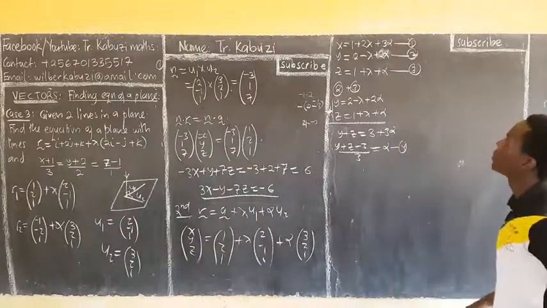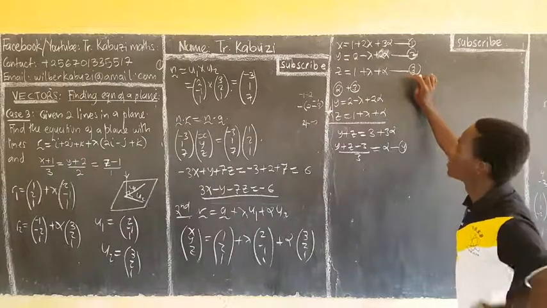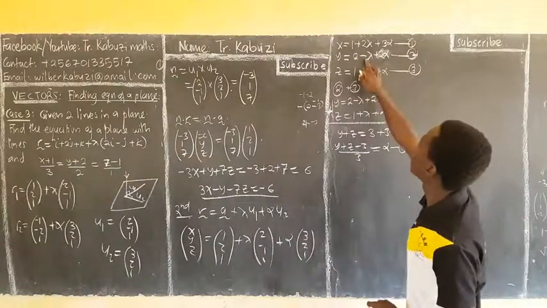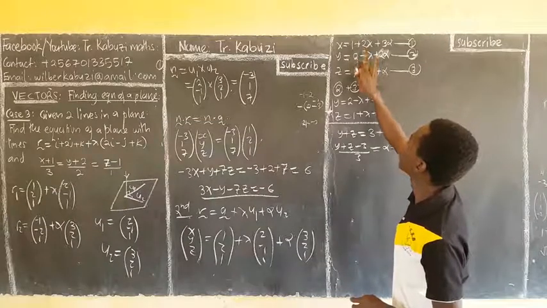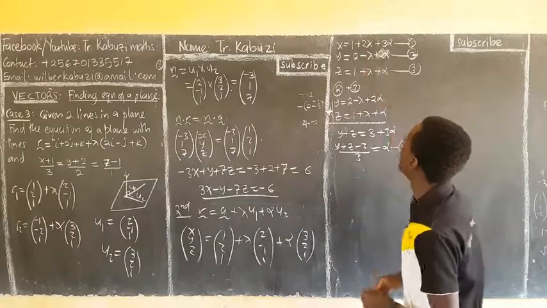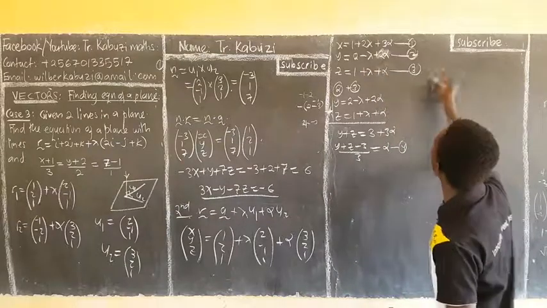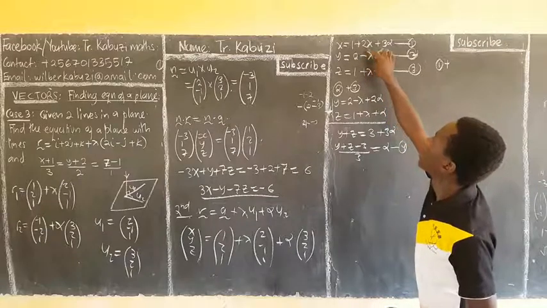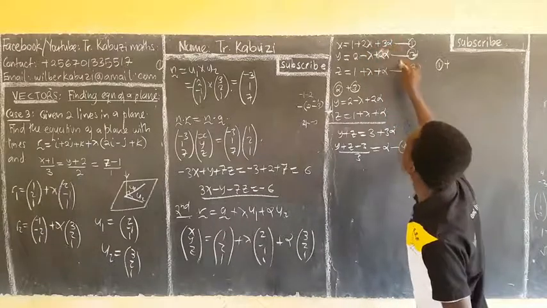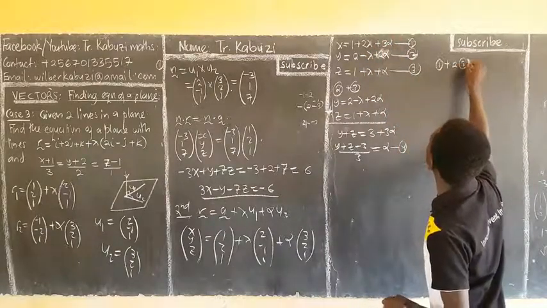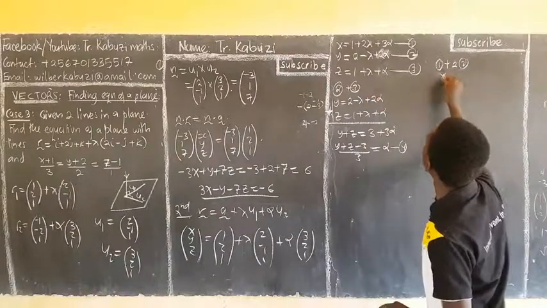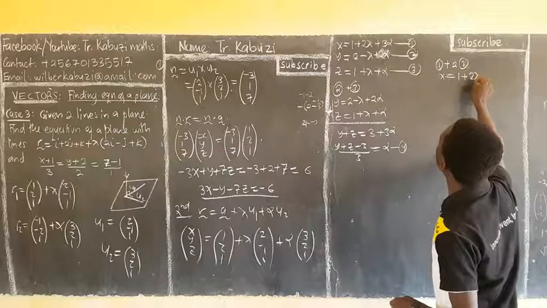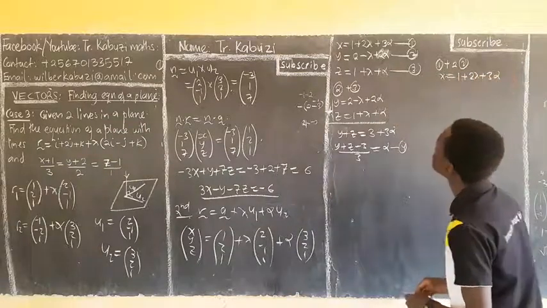Now still, use any of these equations, and now we eliminate still lambda. So, to eliminate lambda, the easiest way is, if I multiply this by 2, so that this coefficient is also 2. So if I multiply this by 2 and I add, it will be easier for me. So I'm going to say equation 1 plus 2 equation 2, so that the coefficients are the same, because I want to eliminate lambda. Here we have x equaling 1 plus 2 lambda plus 3 alpha.